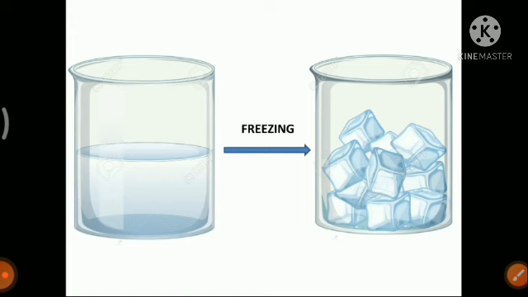We can also see that the change taking place is temporary. Whenever we want, we can change the water back into ice. One more thing you can see is that ice and water are both different forms of water.